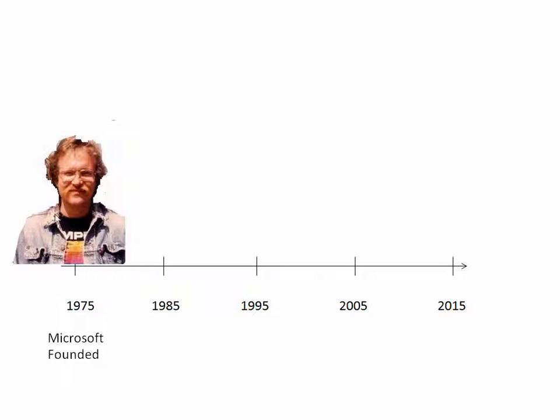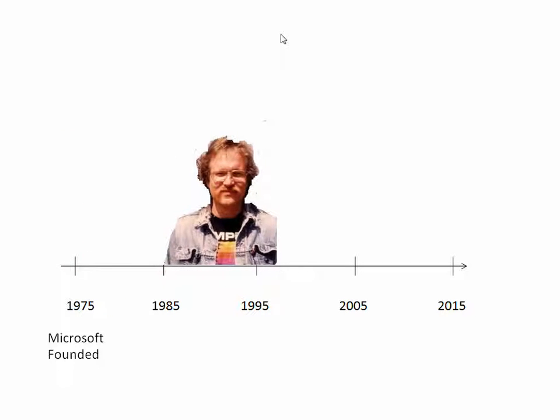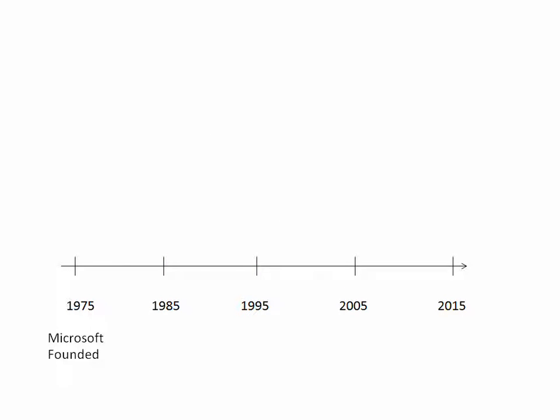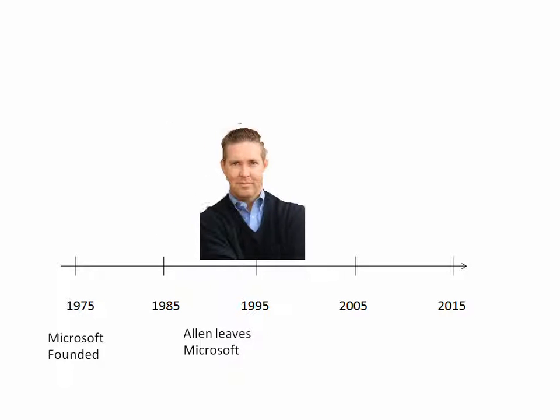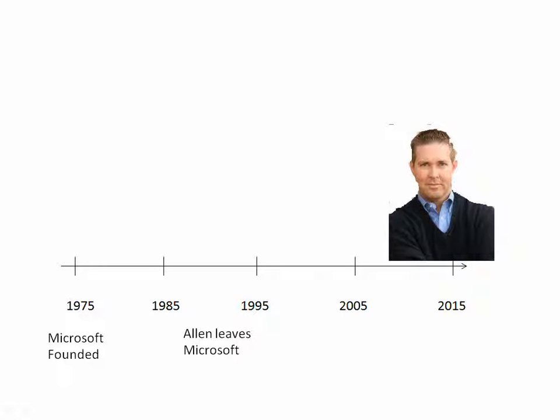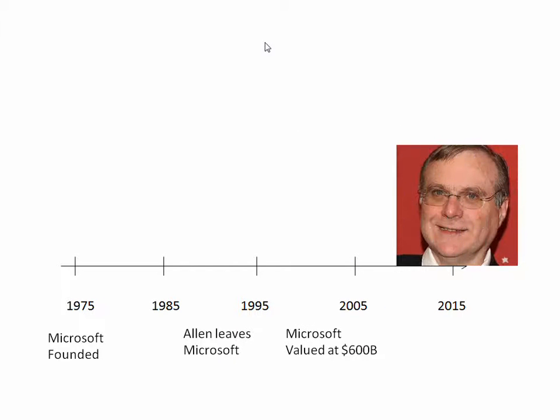This is the way Paul Allen looked in 1975, at the time Microsoft was founded. And I click this, and then he goes over, and then he disappears, and now he appears like this, and now he goes over, and he disappears and becomes this guy.